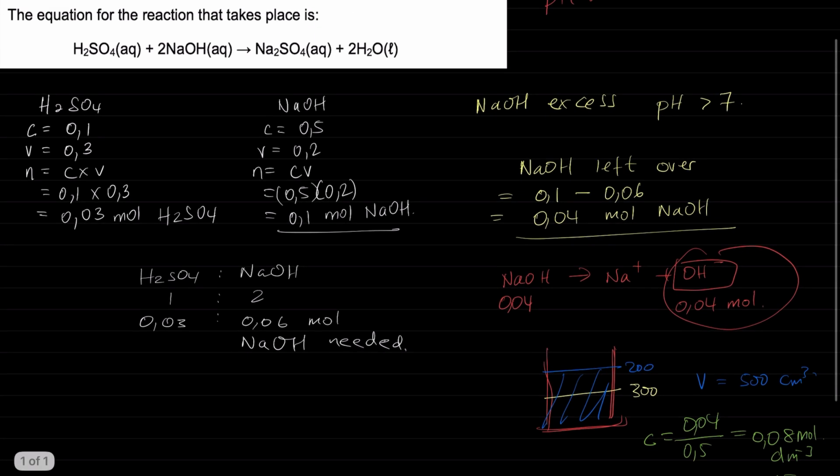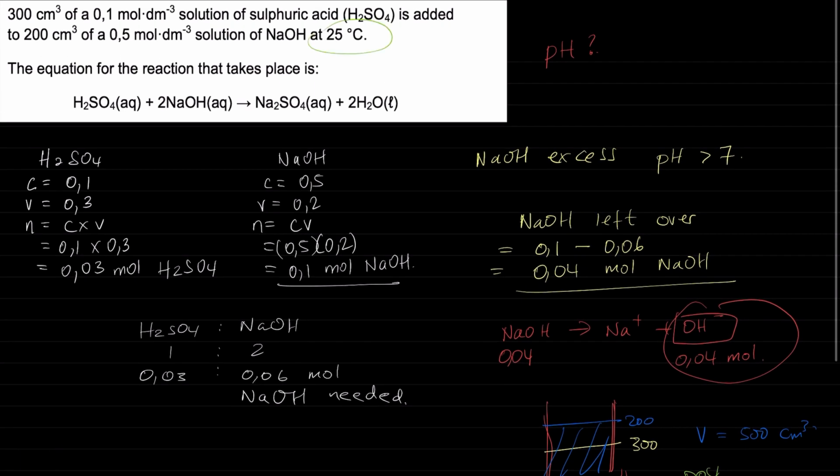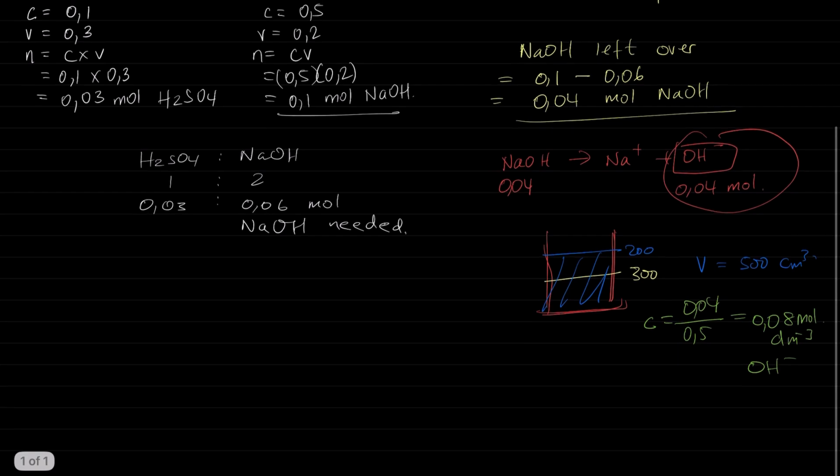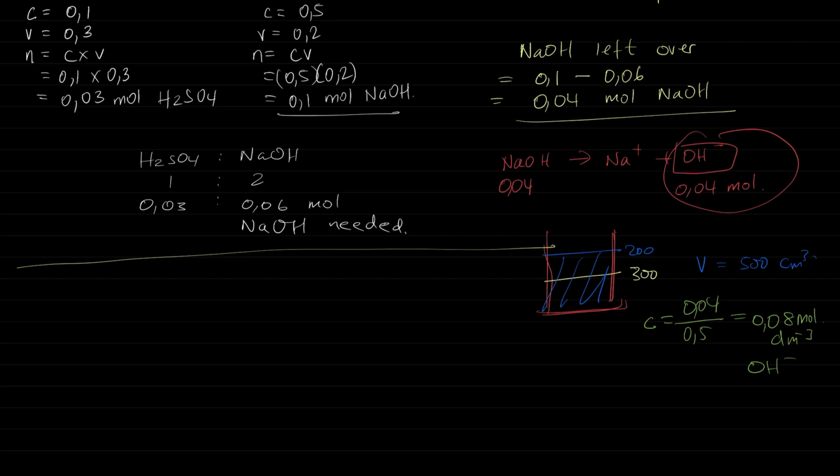Now, since they tell us that this is taking place at 25 degrees, we can use the autoionization of water to calculate the concentration of H3O+. So we can then say that Kw is equal to the concentration of H3O+ times the concentration of OH-.